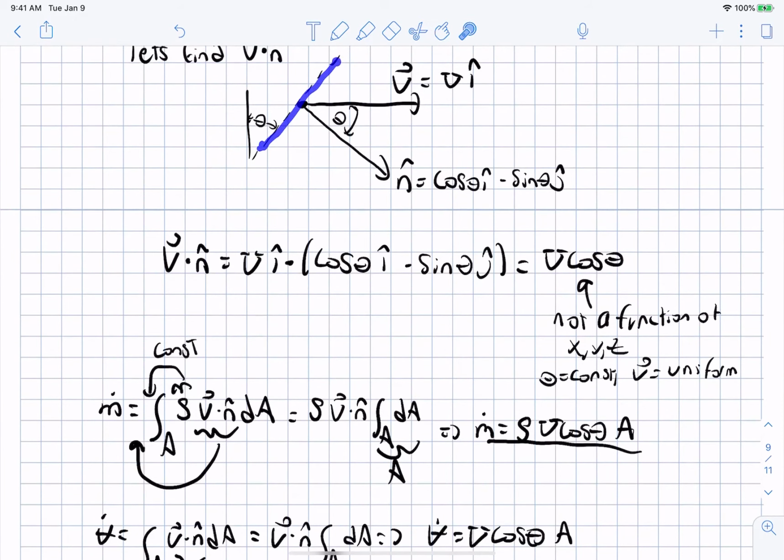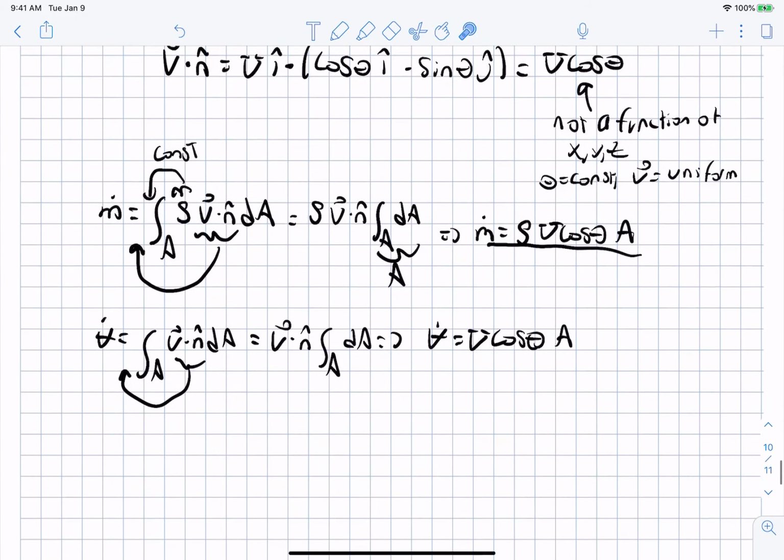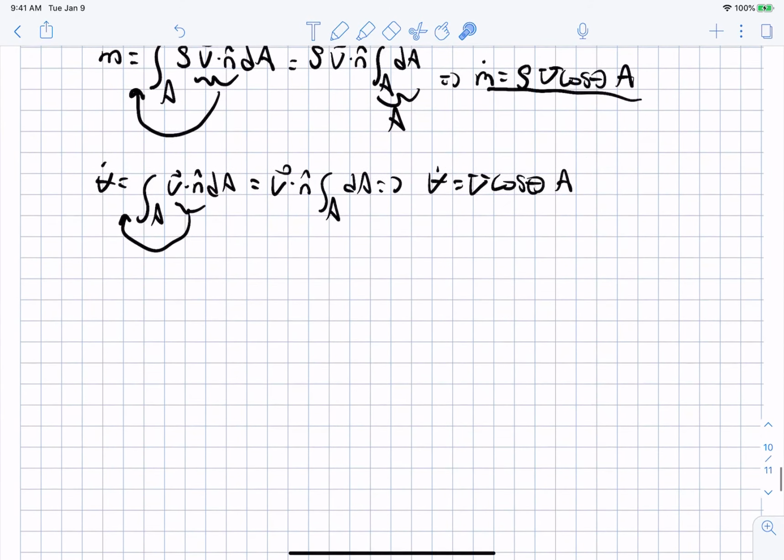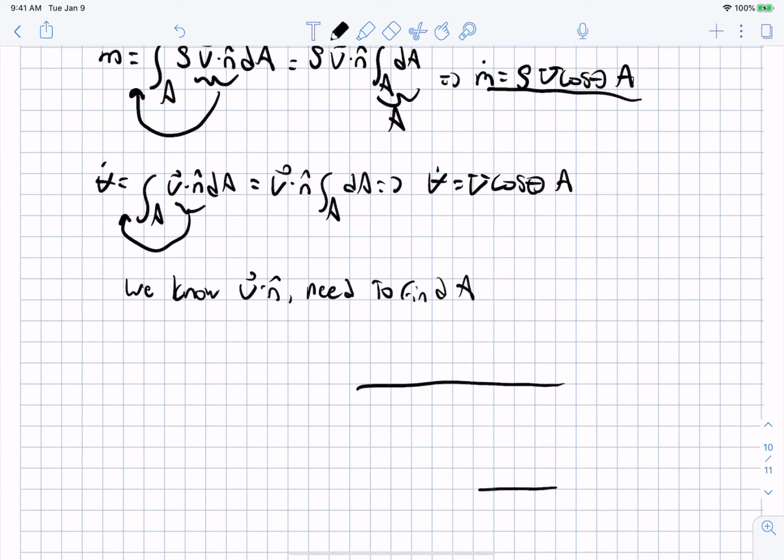Okay, so now we need to find the area of the surface. So we know v dot n hat, and we need to find A. Okay, and to do that, let's look at the geometry of the channel and our plane.